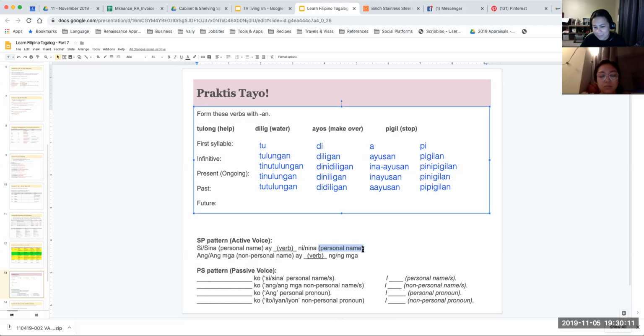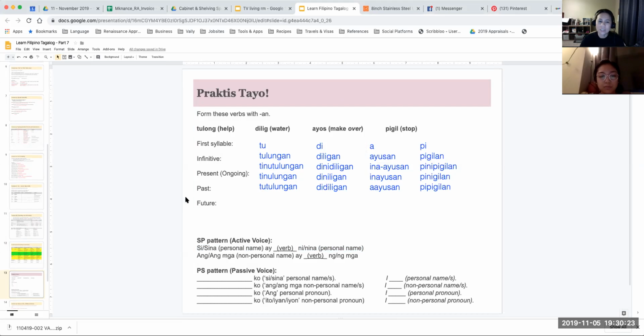So the subject is the one who received the action, and the out of focus is the one who did the action. That's why you cannot convert it into English literally.